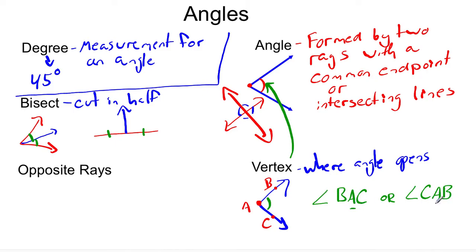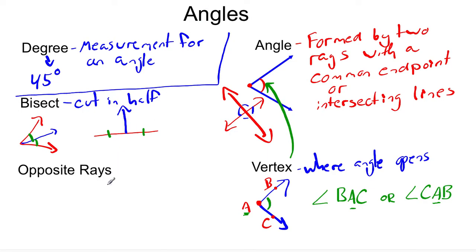The middle letter representing the point should be the vertex. It should be the endpoint for the angle. So we read it in order, so BAC or CAB. And that's very important because we could have multiple angles on top of each other, and if we label these appropriately, we'll be able to read them as such.